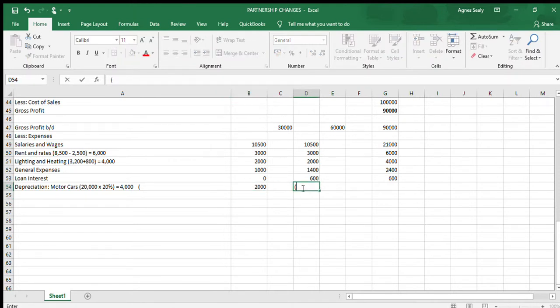Then we have the same vehicle again, $20,000 times 0.2 divided by 2, plus our vehicle that costs $8,000 times 20%, divided by 2, which is $2,800.